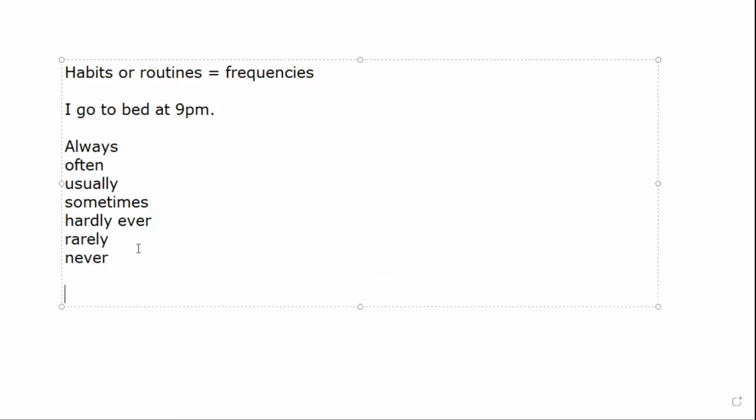Temos outras frequências aí. Por exemplo, once a month. O que seria once a month? Esse once a month, na verdade, é one time a month. Uma vez por mês. Essa frequência é mais específica. Deixa eu ver como é que eu vou explicar essa parte.